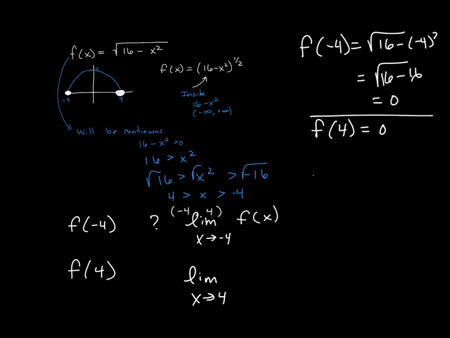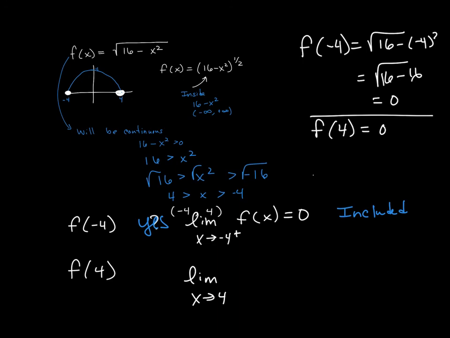So going back to the limits, at negative 4 we are coming in from the right-hand side, from the positive side. And yes, as I'm coming in from negative 4, it does approach 0, which matches our limit. So I can say yes, this is equal to 0, and this point is included.